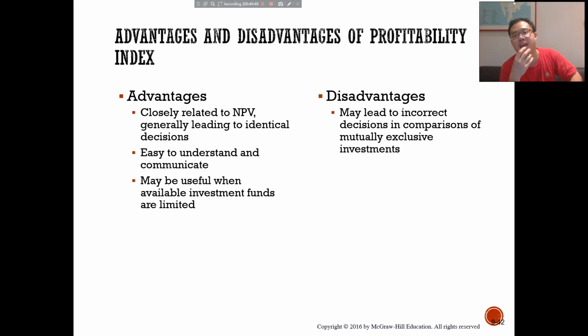But the NPV can be lower, because one project may only allow you to invest maybe 10,000, while the other, with a lower profitability, allows you to invest a larger amount of money and eventually get a larger NPV.